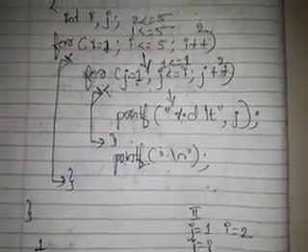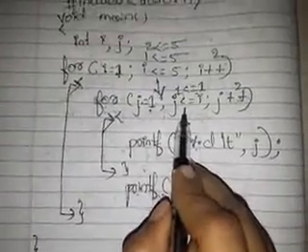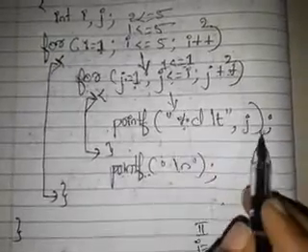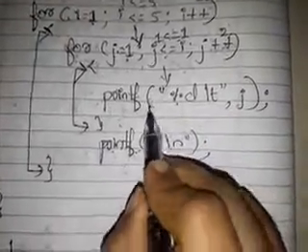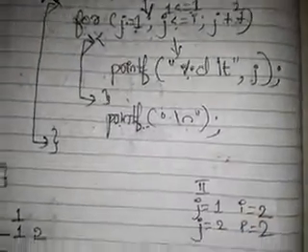The value of j gets printed. 1 gets printed. j plus plus. j becomes 2. i is also 2. 2 is less than or equal to 2. Yes, it is true. As it is true, again it gets executed. 2 gets printed here. Okay, next is j plus plus. It will become 3. 3 is less than or equal to 2. False. As it is false, this particular statement never executes. It will come for backslash n, in the sense new line.